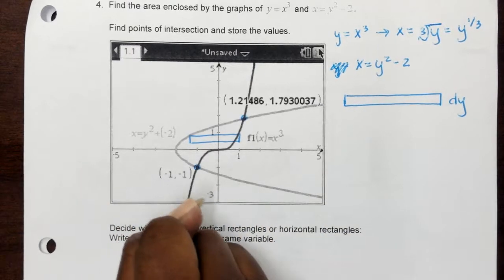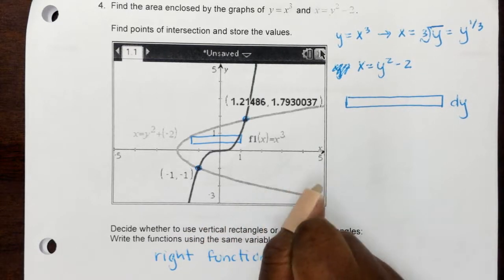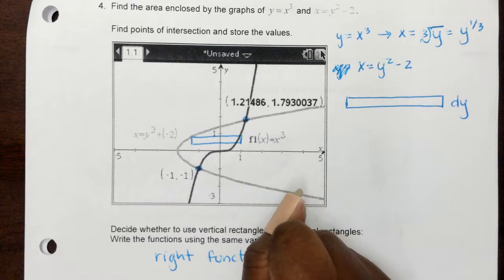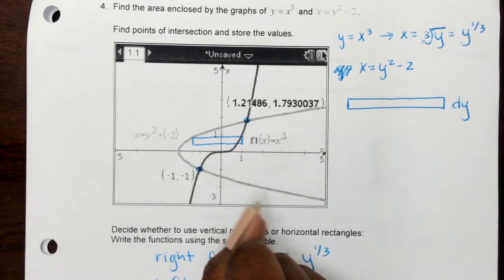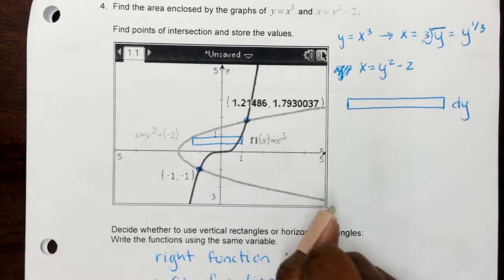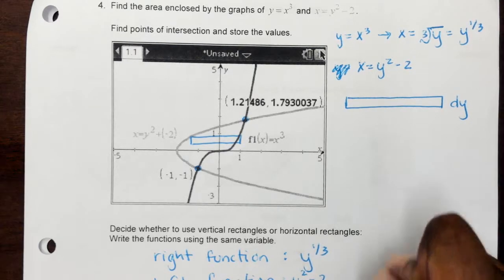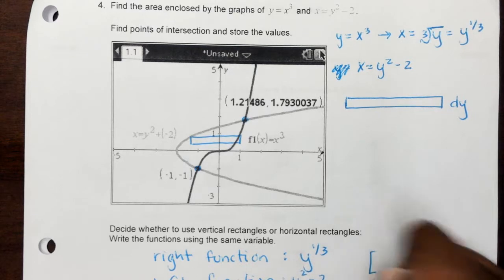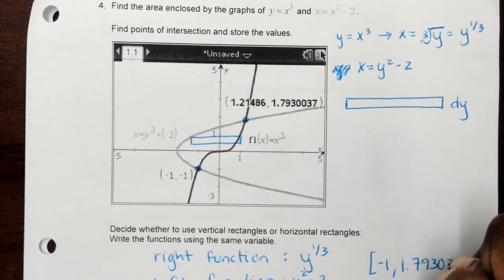So our right function is y to the 1/3, and our left function is y squared minus 2, and our interval, since we're in terms of y, is going to be from -1 to 1.793037.